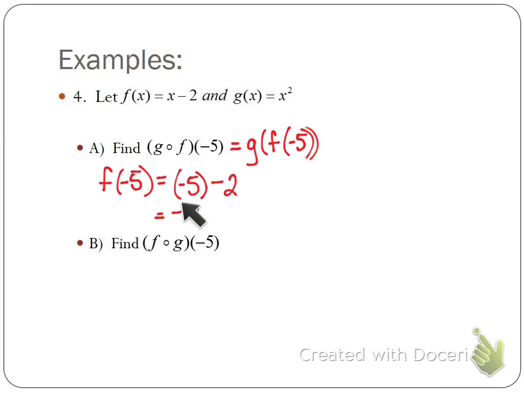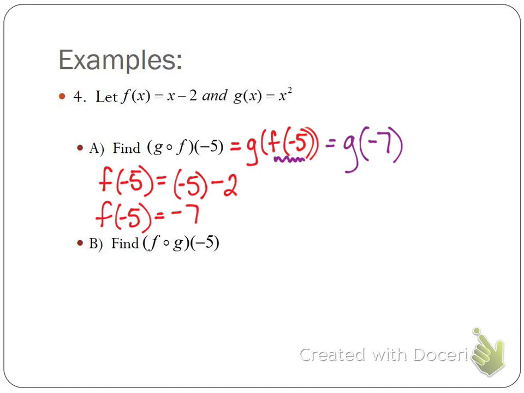So the only reason those parentheses are there is because I was leaving a blank for the x. Okay, so if you don't need to write them on that one, that's fine. So f of negative 5 is equal to negative 7. So now, instead of writing f of negative 5, I'm going to now just rewrite this as g of negative 7. That's what I got for f of negative 5.